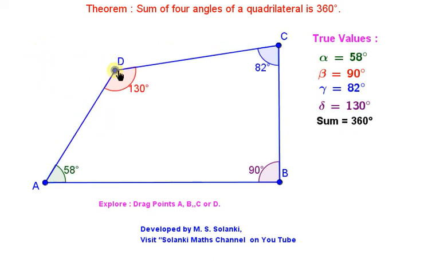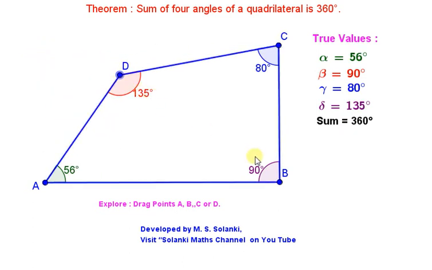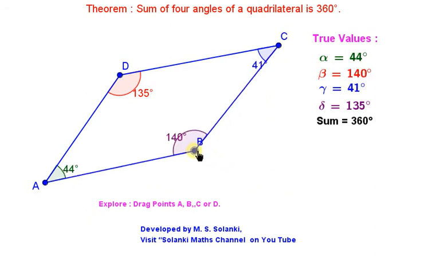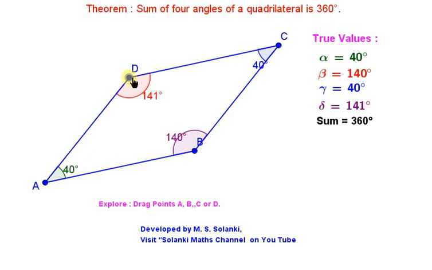Now make this angle larger, bring it close, make it 140 degrees, here 40 degrees, and this is 40 degrees. So it is a kind of rhombus, and we are getting the sum again 360 degrees.